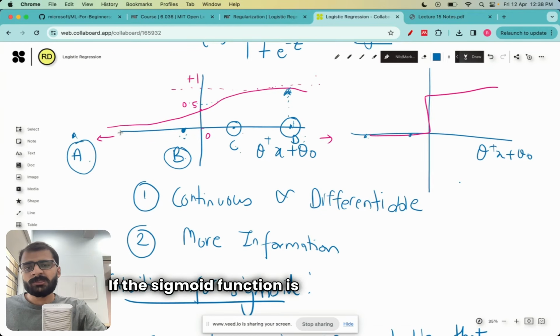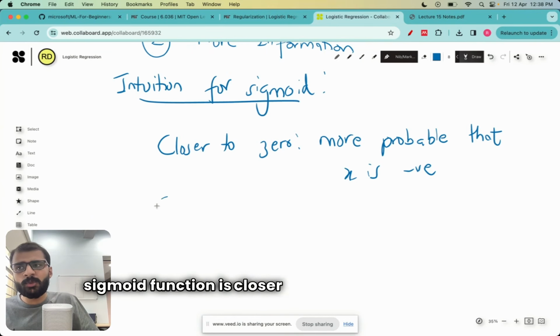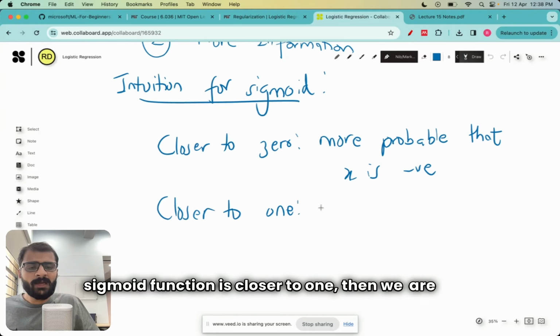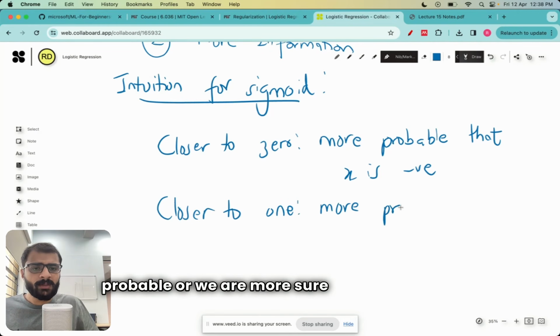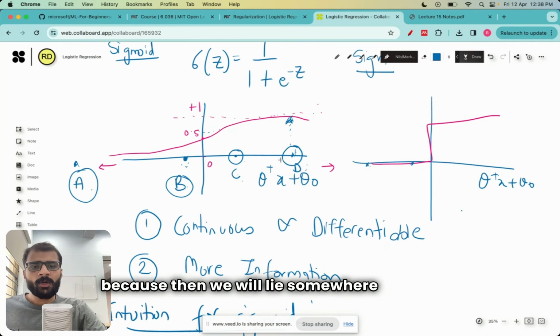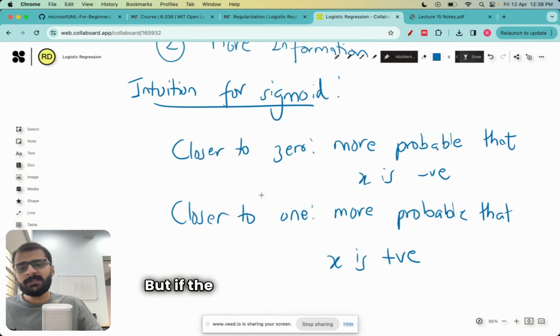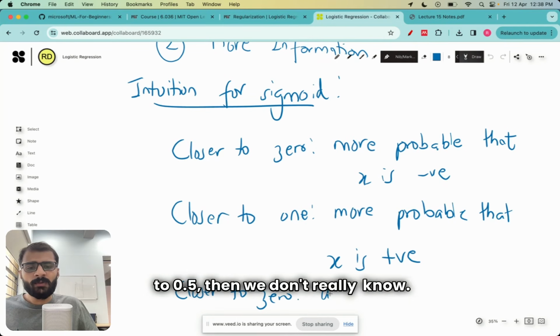If the sigmoid function is closer to 1, then we are more sure that x is positive, because then we will lie somewhere over here. But if the sigmoid function is closer to 0.5, then we don't really know.